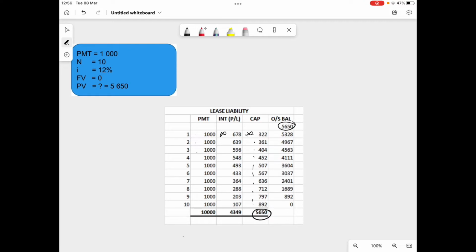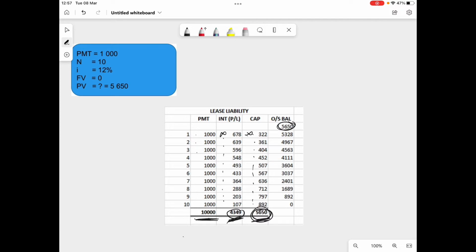If we add all the interest for every year, the 4349, to the capital that we've repaid, we get to the full amount of the lease payments over the 10 years. So the lease payments have been broken up into repayment of the 5650 outstanding amount, as well as the interest expense over the 10 years of 4349.